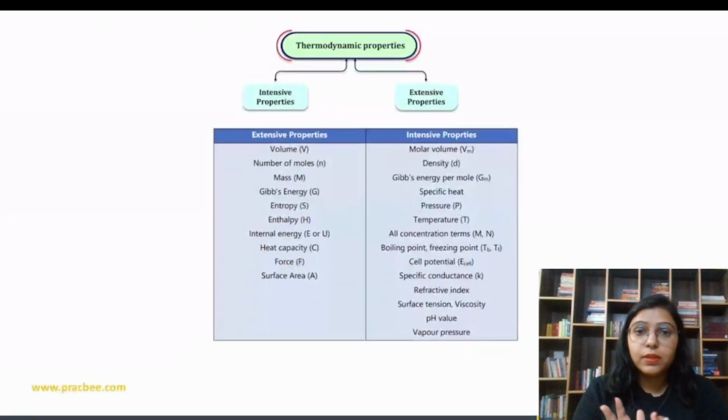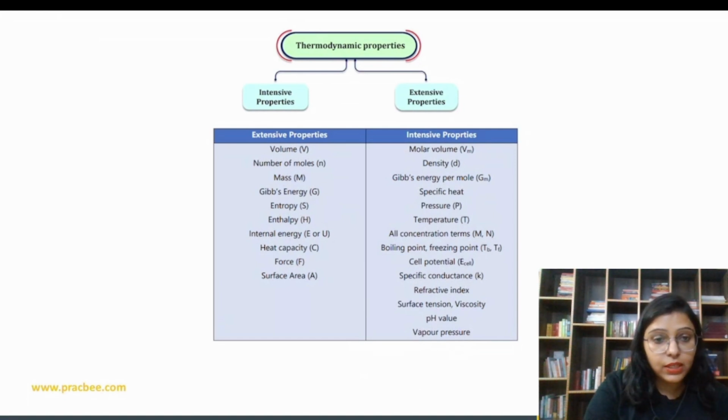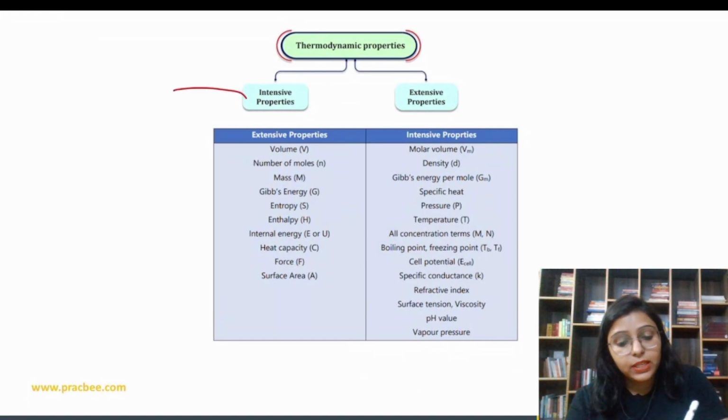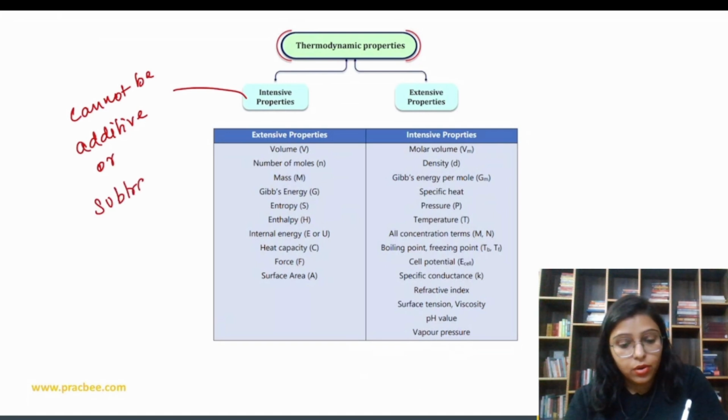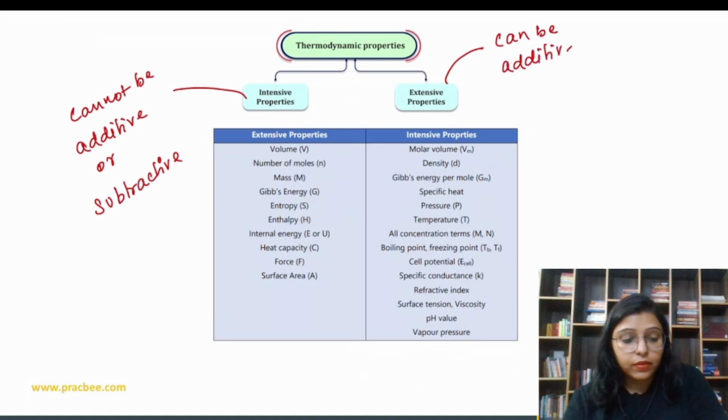Now we have some thermodynamic properties, that are intensive properties and extensive properties. What are intensive properties? They cannot be additive or subtractive, while extensive properties can be additive or subtractive.